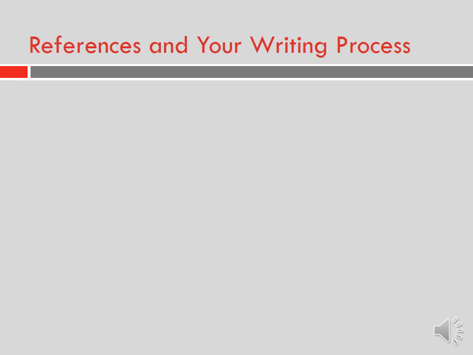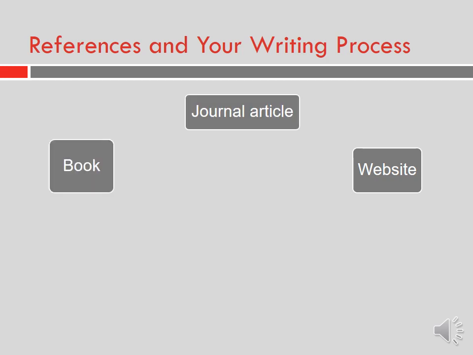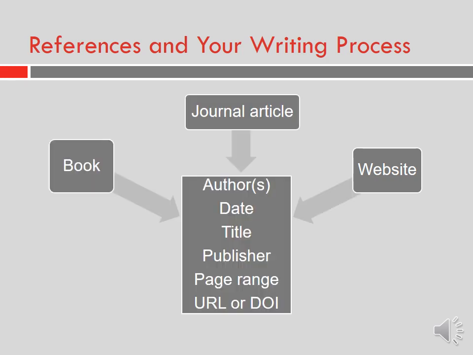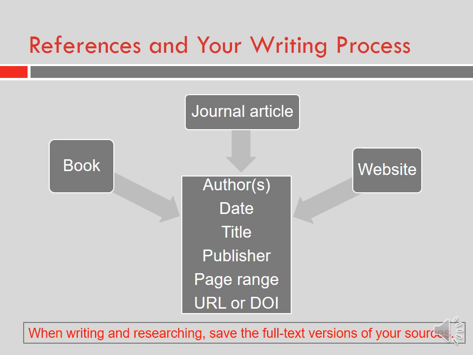Although APA provides many guidelines for creating individual reference entries based on the type of source, such as website, journal article, or book, common information you will need for many types of sources includes the author names, date, title, publisher, page range, and URL or digital object identifier, or DOI.